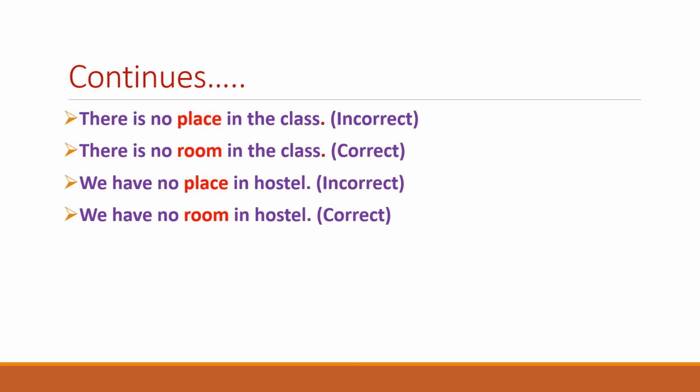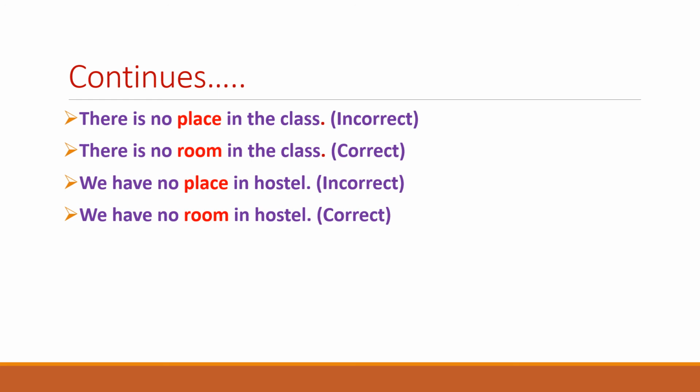Similarly, in the next example, we have, we have no place in the hostel. Actually, what is conveyed through this expression is that the hostel has been filled to its maximum capacity. There is no availability of space for further people.